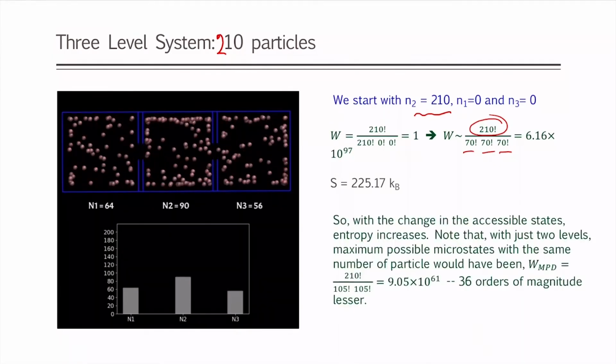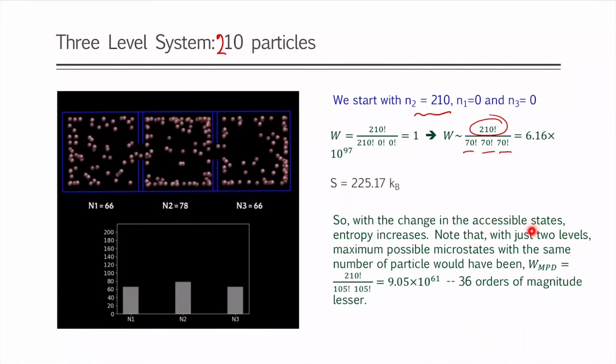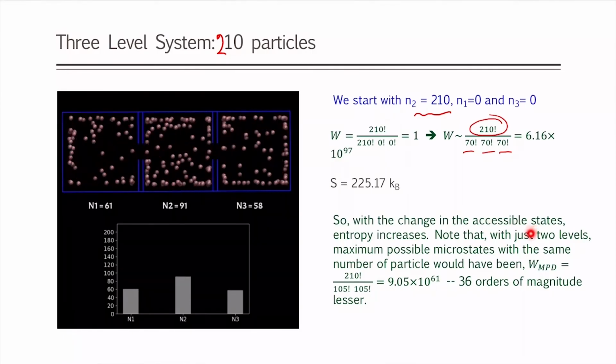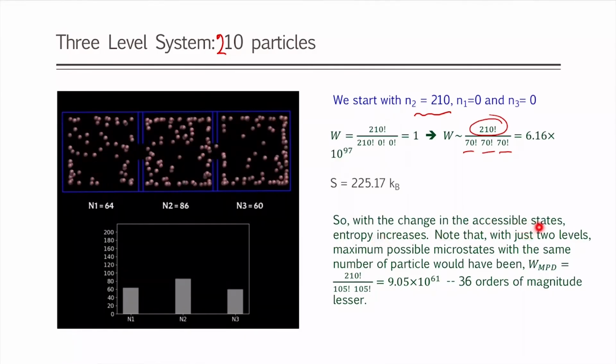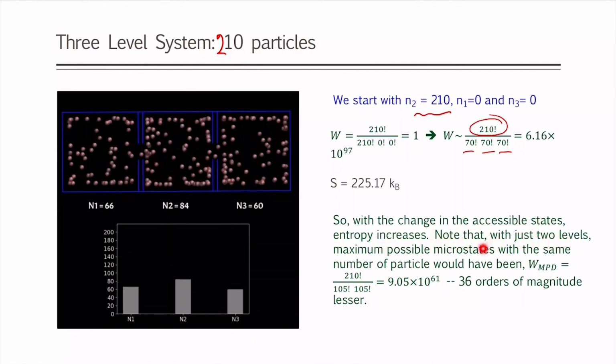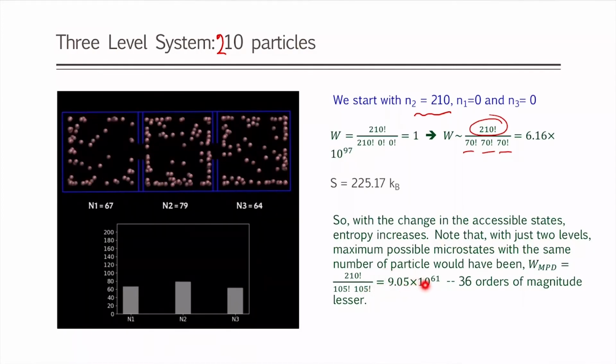Okay. So now what you see here is the change in the number of accessible states. Earlier the boxes were only 2. Now we have 3 boxes. So with the change in accessible states, entropy increases. Note that with just 2 levels, the maximum possible microstates would have been 9.05 times 10 to the power 61.